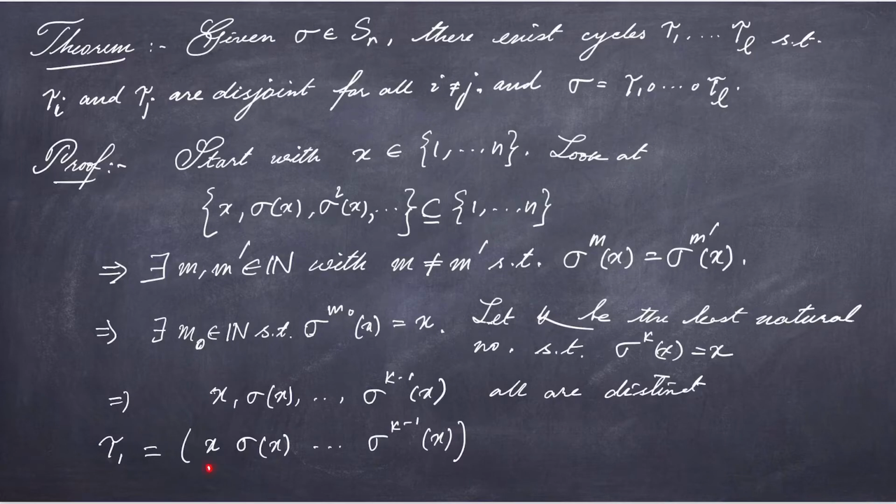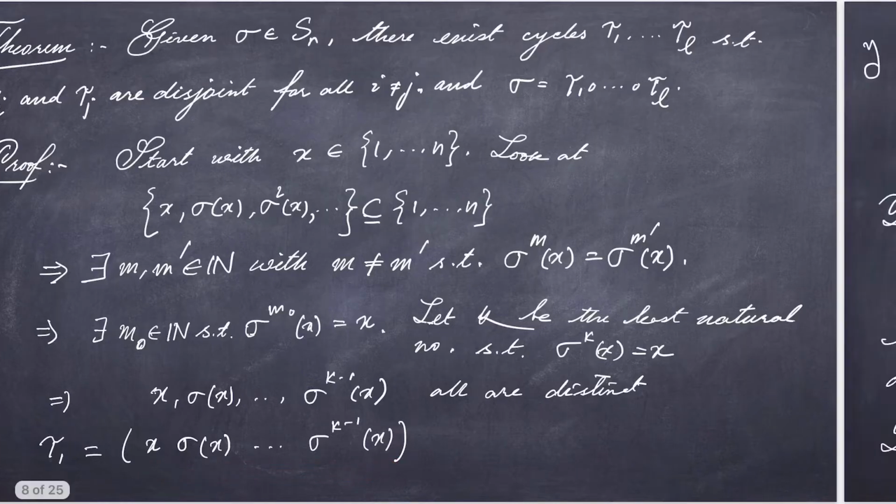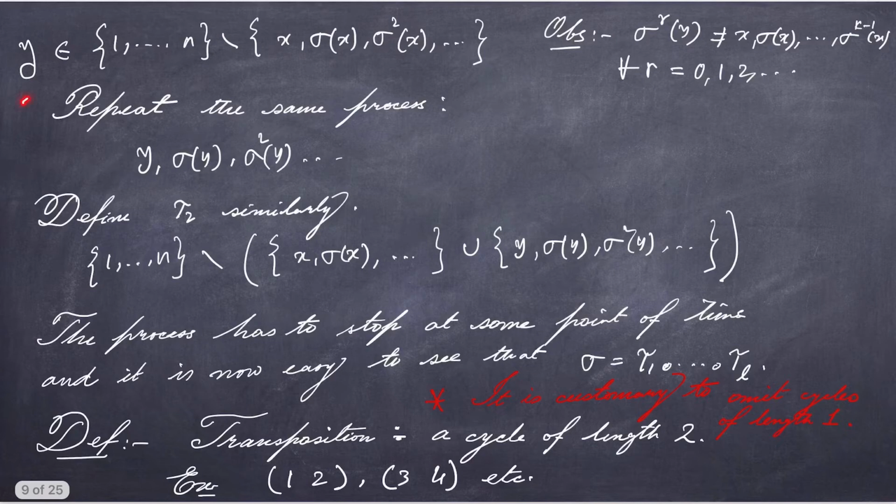If these are all the elements in 1 up to n, then we will stop. Immediately, if that is the case, we see that sigma becomes the cycle. If not, then we will pick a y outside this set and apply the same process. Here we make sure that none of these elements lie here.